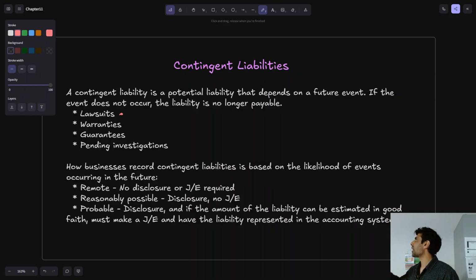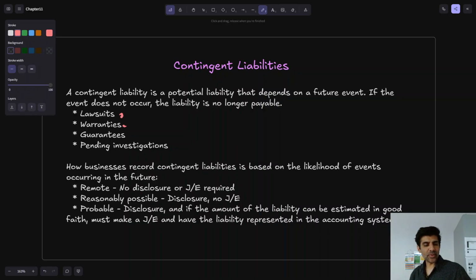So the lawsuit claim payable is only going to happen if you lose the lawsuit. A warranty you can say is also contingent. It's contingent on something breaking. We're going to take an expense for it because we know that things break.